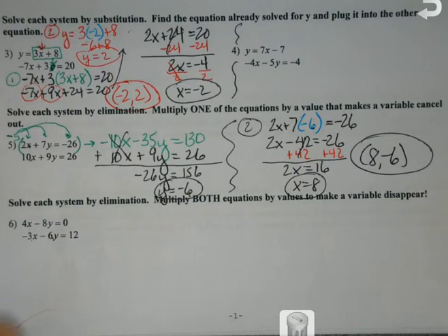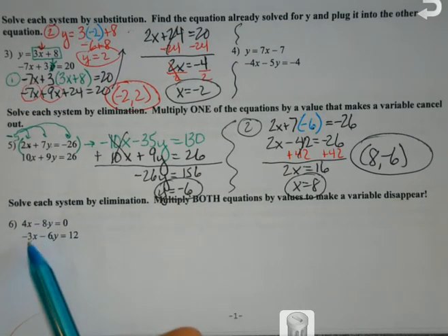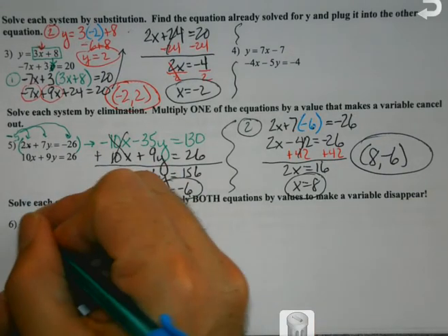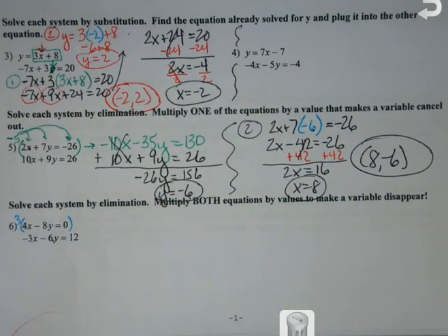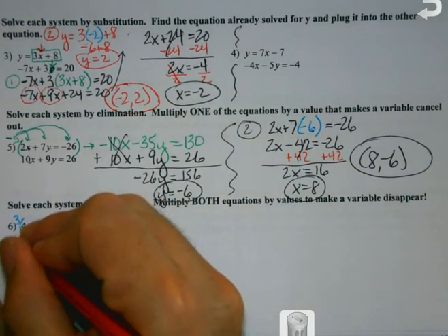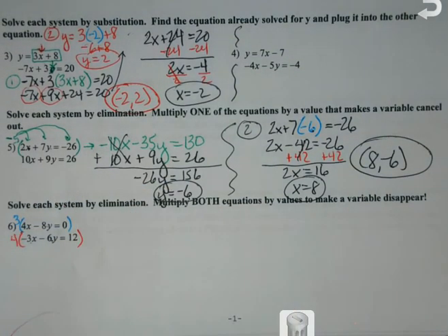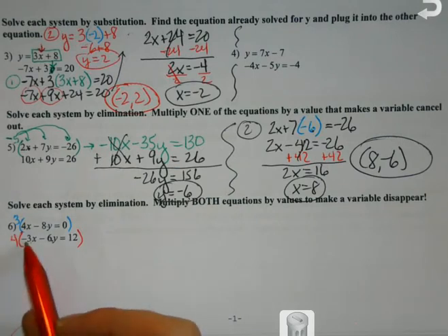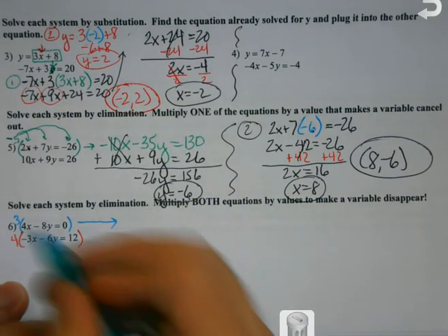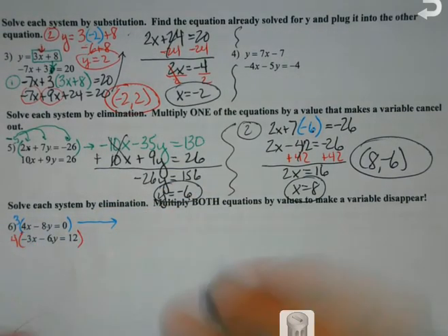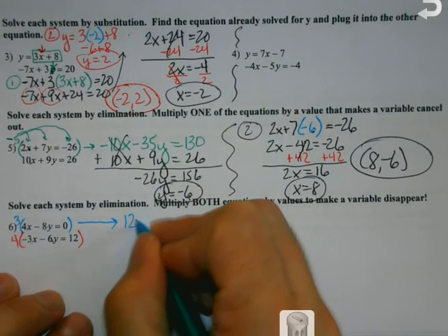Watch this. Check this out. This is slick. All we're going to do is take the numbers in front of the first one and just flip them. What do you mean? I'm going to take this and make it 3. This one on the bottom, I'm going to use that 4 and make it 4. Sometimes I may have to throw a negative in, but I don't have to here. Why? This one's negative already. Because when I distribute through and switch those numbers around, I don't pay attention to the positive, negative unless I have to.